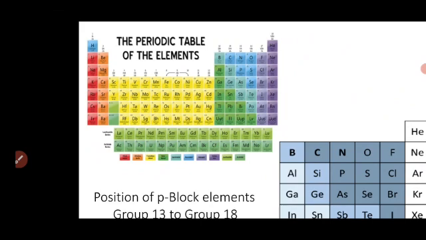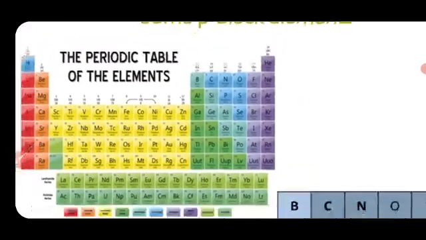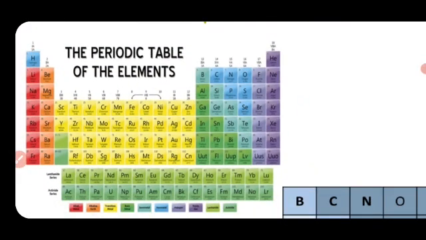The first two groups are called s block elements, that is alkali metals and alkaline earth metals. Then group number 13 to group number 18, we call p block elements. So in total, how many groups are there in this? 6 groups, right?